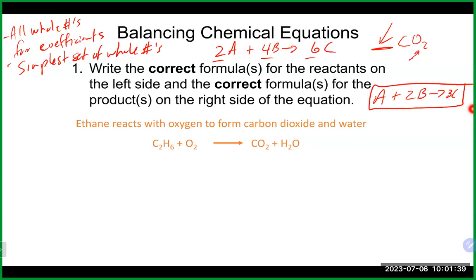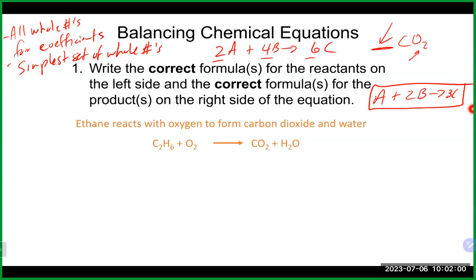This does occur sometimes because people could see perhaps larger numbers to balance things, and it could definitely be balanced with the greater numbers as well. But when you do balance the equation, it does need to be the simplest, smallest set of whole numbers for it to be balanced properly. And those really are the 2 major things when you go to balance it.